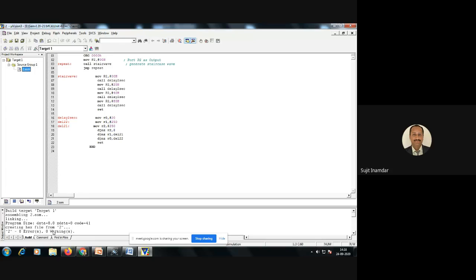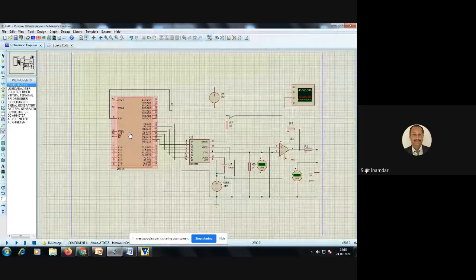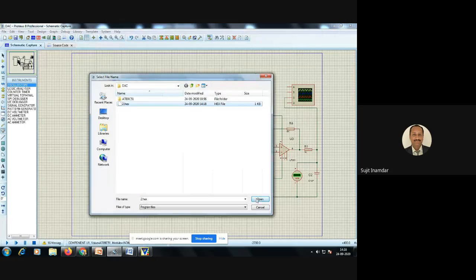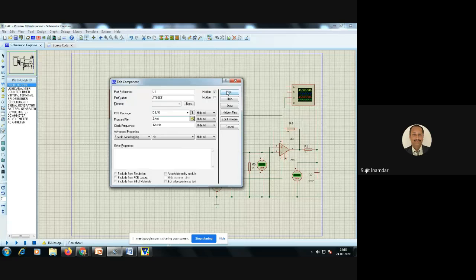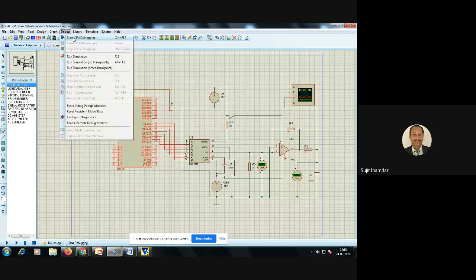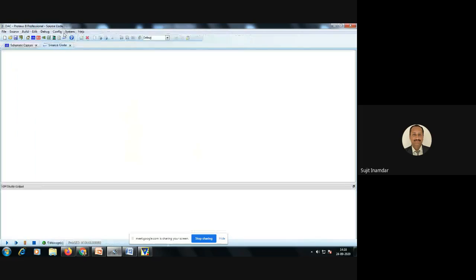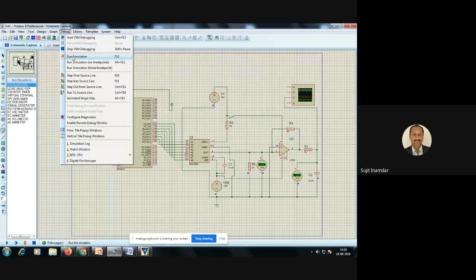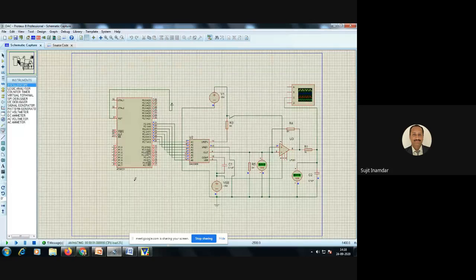Once the hex file is created, we go to Proteus, take the same hex file as input and run it here. That is debug start and then debug run. I think it is not showing anything, but here something we will see.